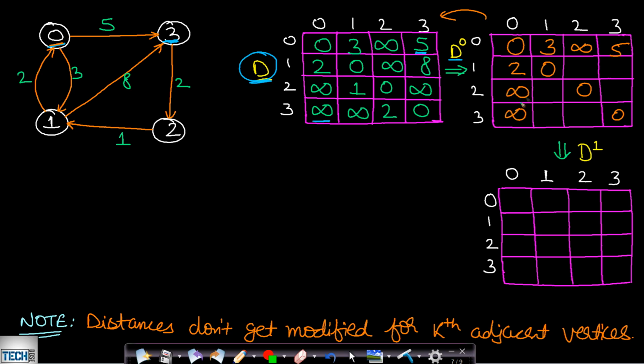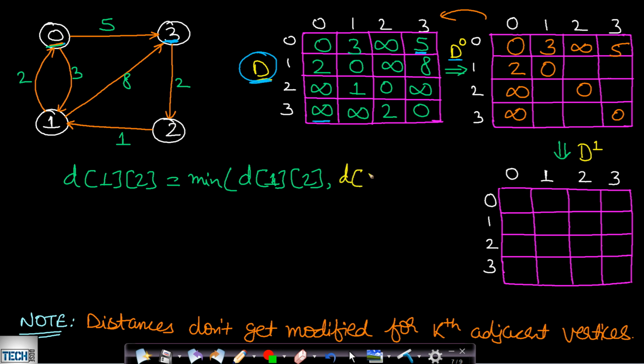Now whatever values are left should be filled. The distance value from 1 to 2 will be, since we are including this node 0, equal to the minimum of the distance of 1 to 2, which is the already known distance, comma, and the distance of 1 to 0 plus the distance of 0 to 2.